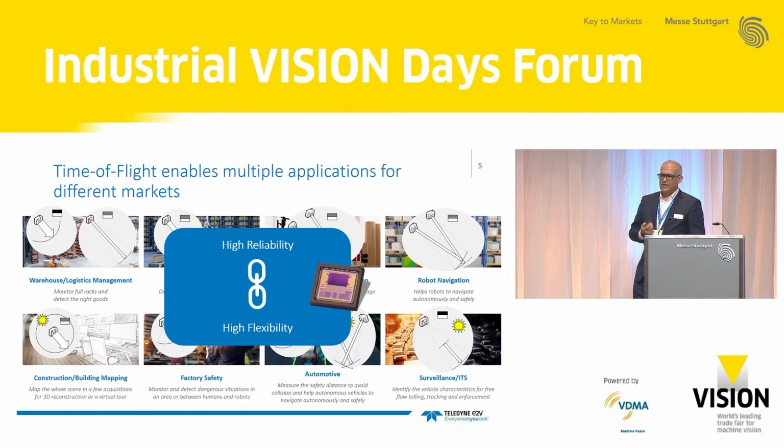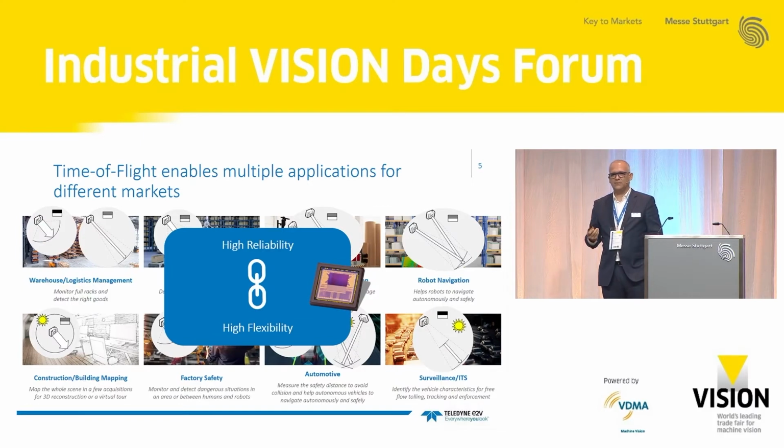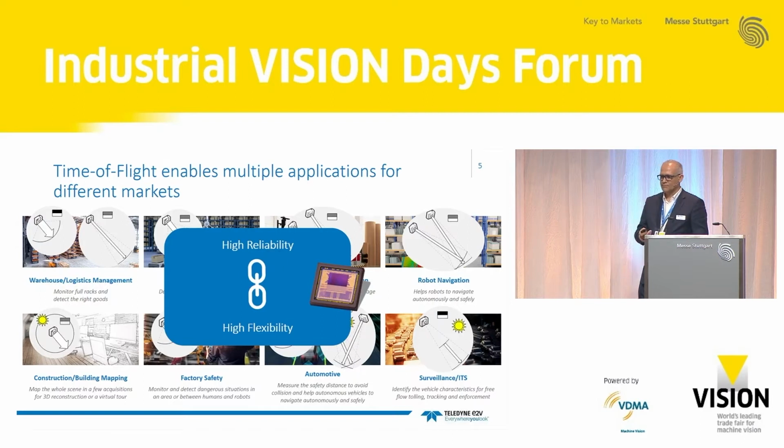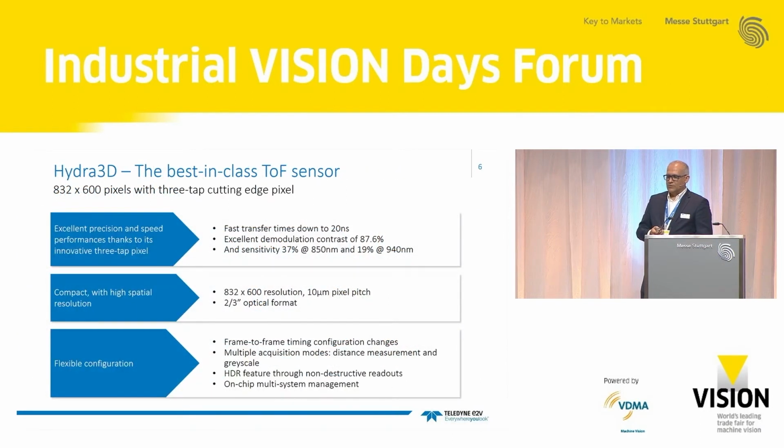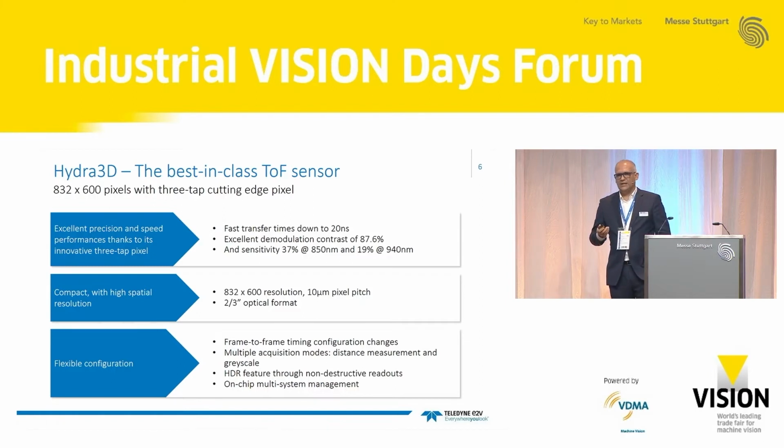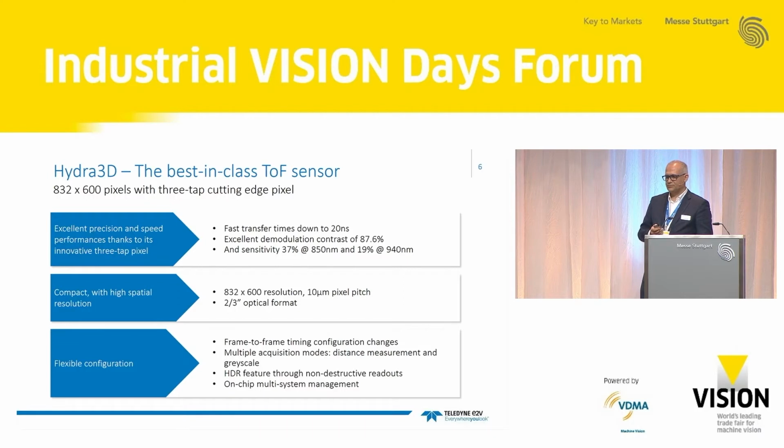And I'm presenting here Hydra 3D, which is one of the most flexible and thus reliable sensors on the market. Talking a bit about Hydra, it has a spatial resolution higher than the average that can be found in the market. It has 832 by 600 pixels with 3 taps per pixel, or 3 memory nodes.